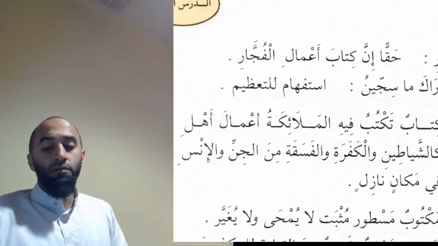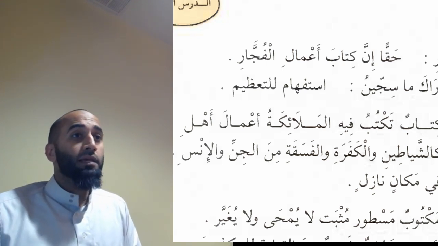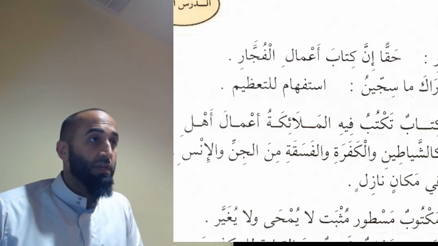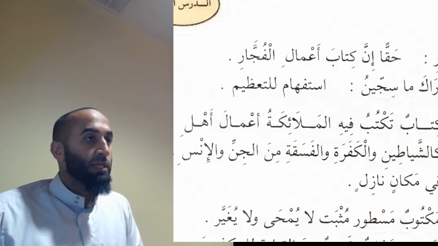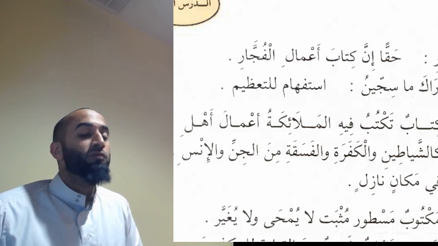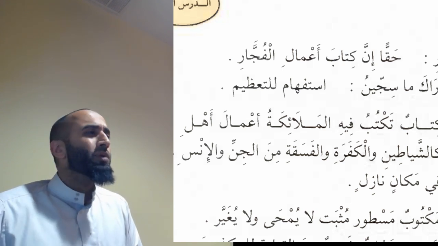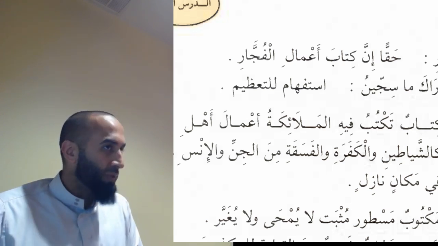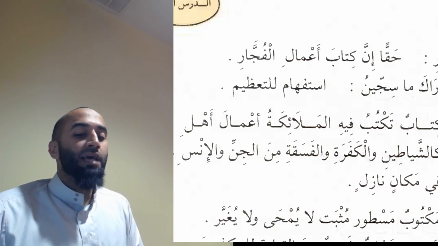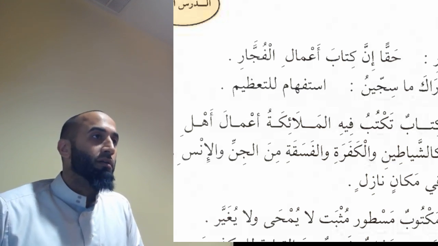Good. Okay. So the verse was كلا إن كتاب الفجار لفي سجين. Right? So he takes it one step at a time. كلا إن كتاب الفجار حقا. What does حقا mean? Truthfully, without a doubt. إن كتاب أعمال الفجار.